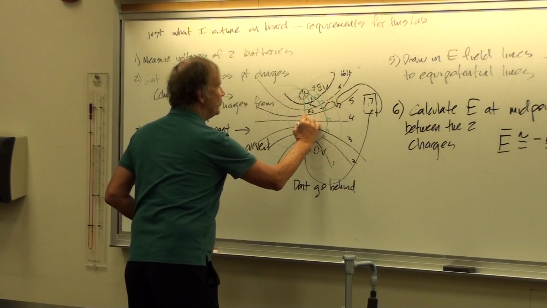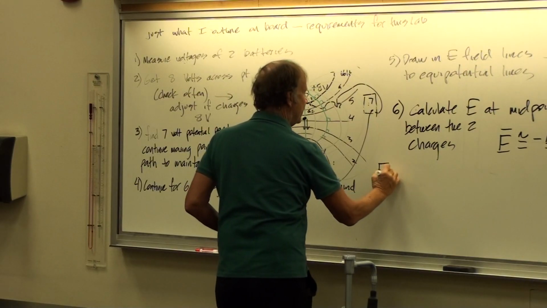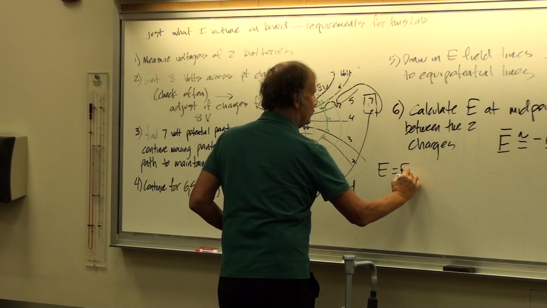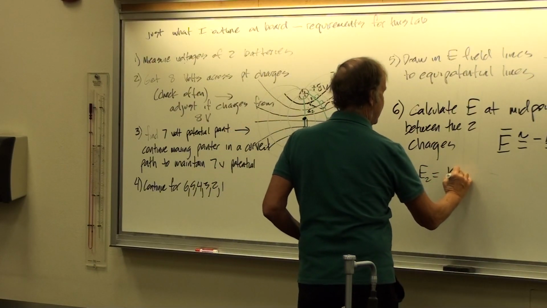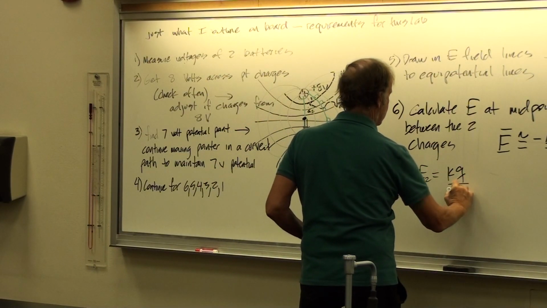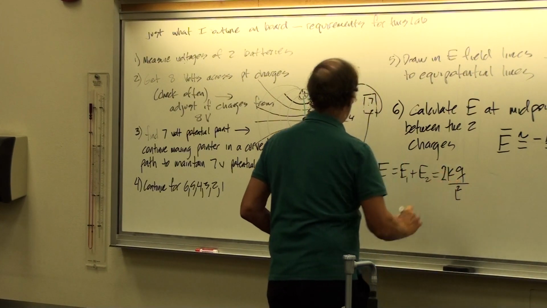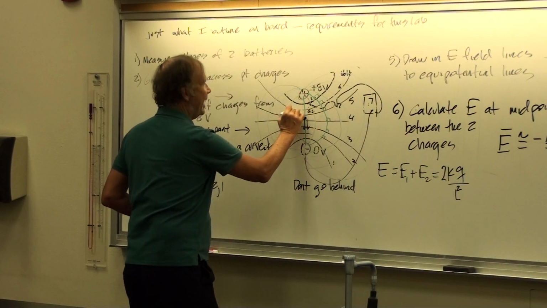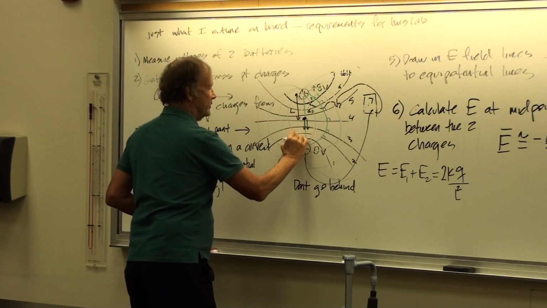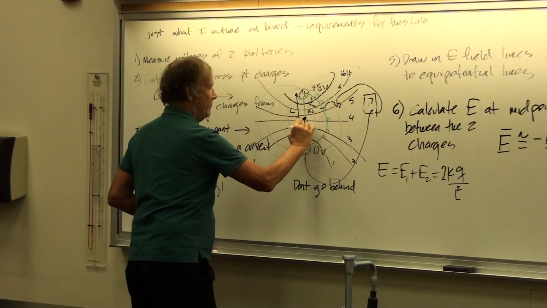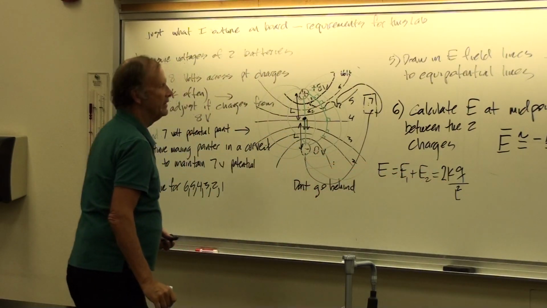We already know from previous experience that the electric field at the center, E, is equal to E1 plus E2. So that's going to be KQ over L squared times 2, where L then would be half of the distance between these two charges. So this is our theoretical value for the electric field.